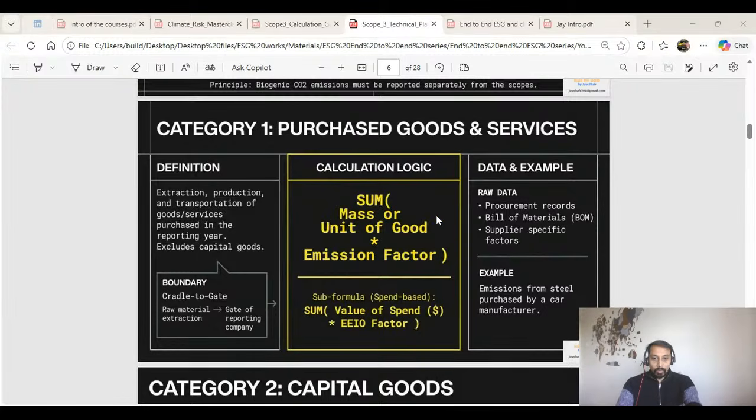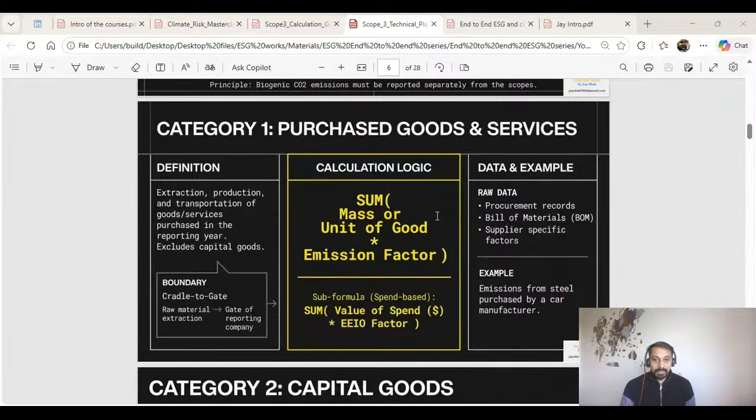The mass or unit of goods you have to mention or calculate. Quantity means how much, it can be in mass, units, or any particular volume. That quantity you need to understand, or report as the quantity raw data.